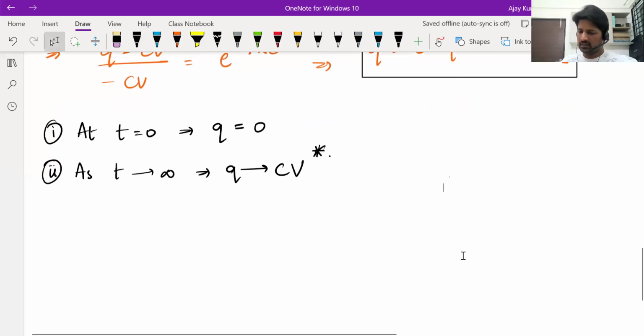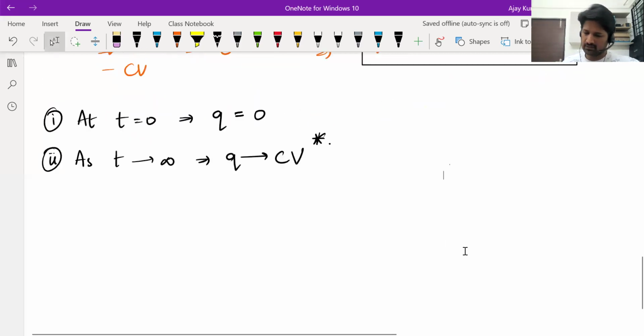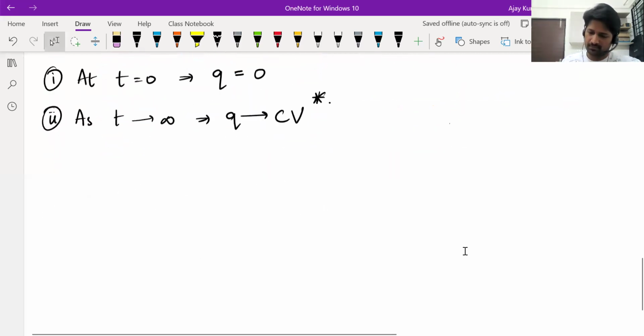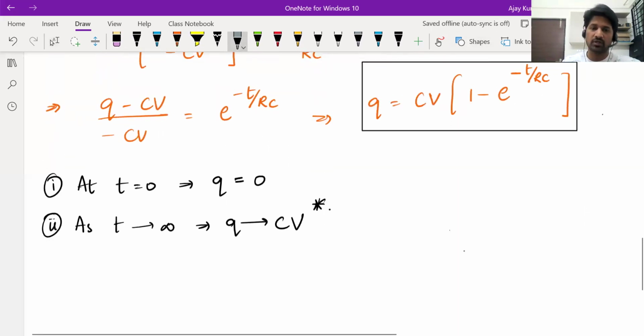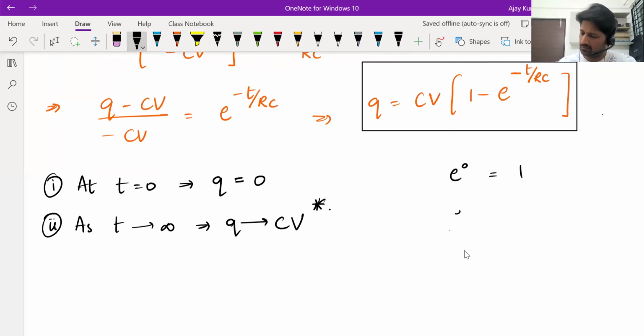And we can even draw a graph of this function, charge as a function of time. We know e to the power of 0 is 1, e to the power of minus infinity tends to 0. So when this value is 1, the charge is 0. And when e power minus t by RC becomes 0, that is at t tends to infinity, the charge tends to CV.